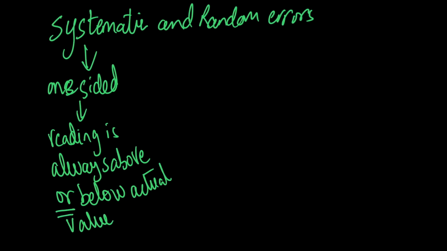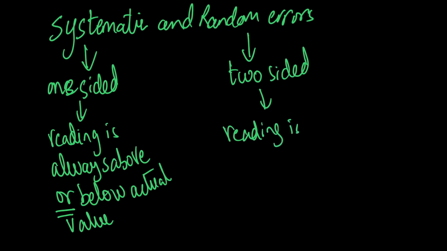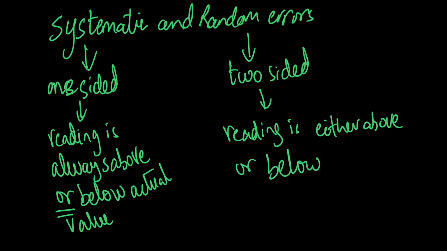Focus on the word or. And on the other hand, random errors are two-sided errors, and they occur because the reading is either above or below the actual value or the true value.